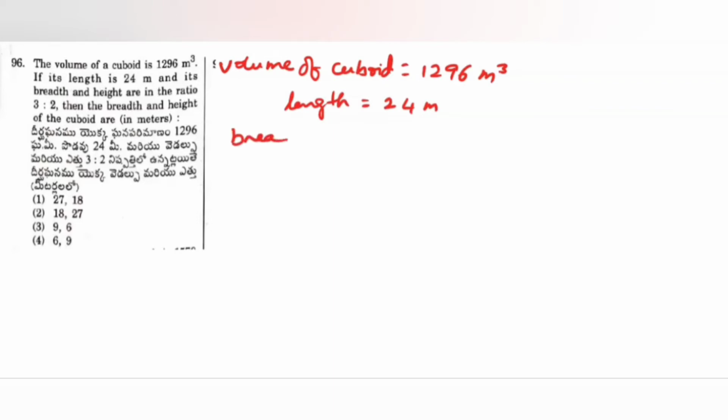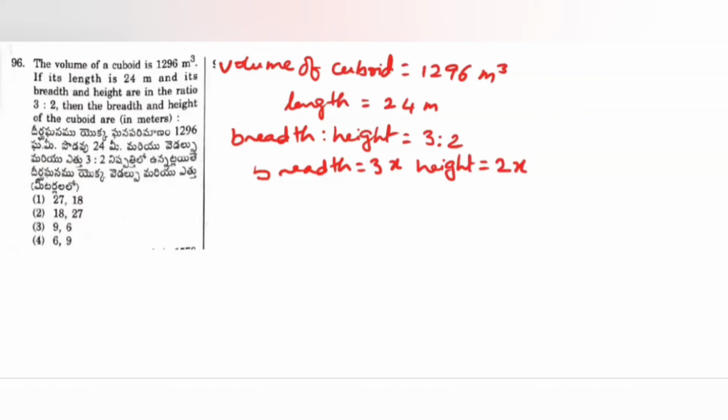Ratio of breadth to height is equal to 3:2. Now let us assume breadth is equal to 3x and height is 2x.